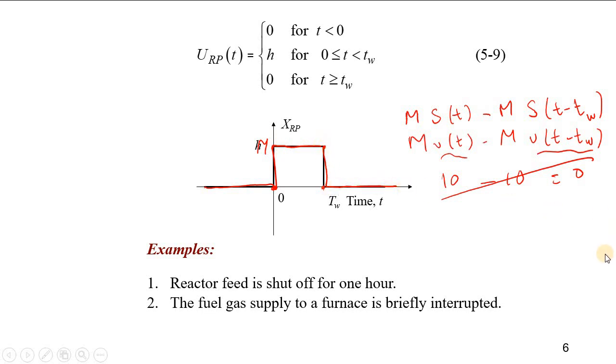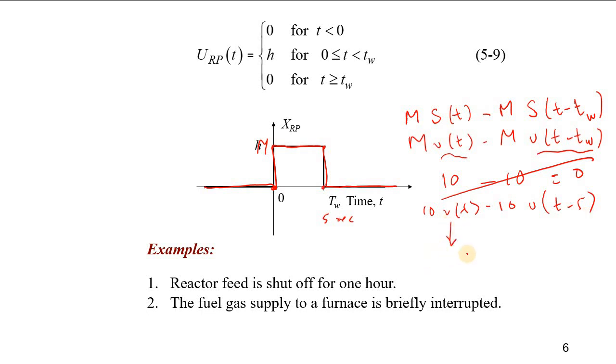Okay? So what do I have here? I have 10 u of t minus 10 u of t minus tw. And if I say this tw was after 5 seconds, for example, this will be t minus 5. Okay, how is this represented in the S domain?